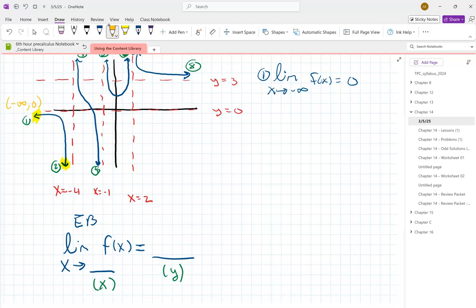That arrowhead is located at -4, but it's pointing down. So it's like the point -4, -infinity. Since the arrow is pointing up and down, it's the y that's going to be positive or negative infinity.